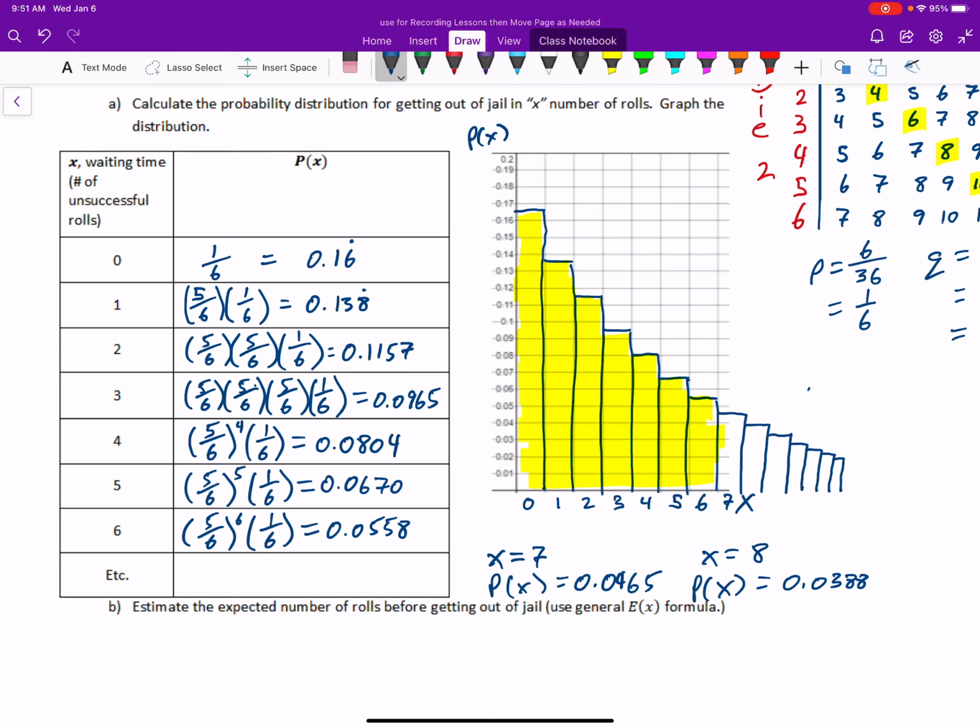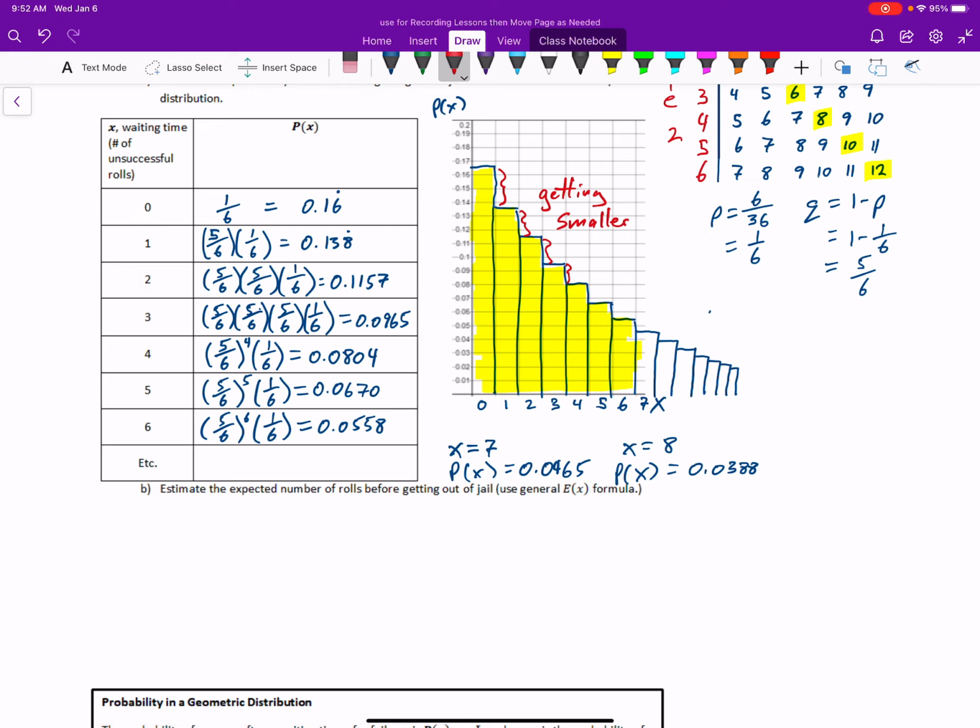In addition, the gaps between successive outcomes are getting smaller. So these little gaps that I'm drawing here are getting smaller, so they're getting closer and closer to each other, right? Obviously, at some point, they have to get very close to 0 because the entire area under this curve has to equal 1. The probability of all these bars, even the infinite number of bars, has to equal 1.